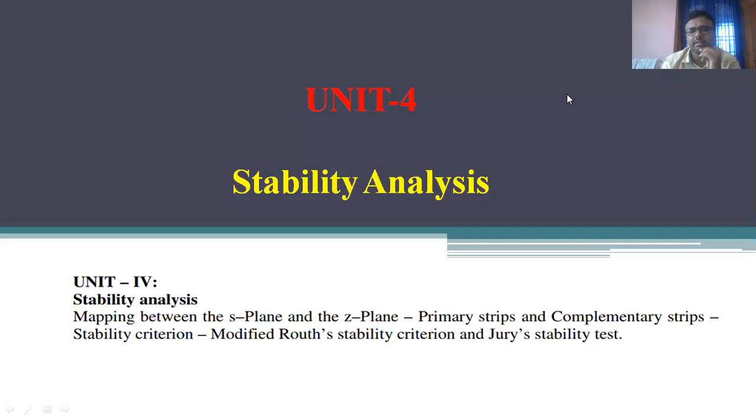This particular unit is a very small unit, consisting of only 4 topics.